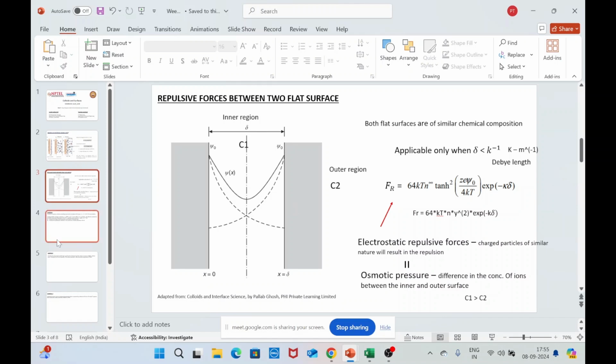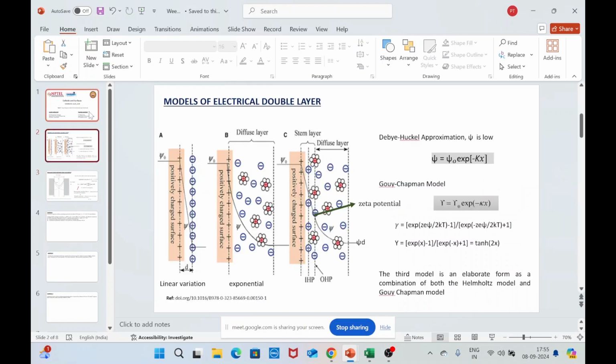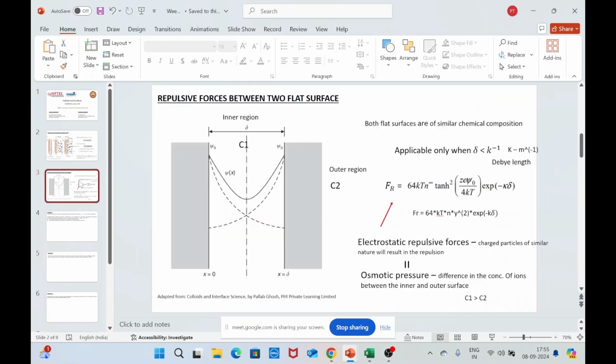So this is about today's concepts. So let's go on to the problem solving session. Before that, if you see here, these dotted lines are the way the potential decreases with distance in these interactions between the two flat surfaces.